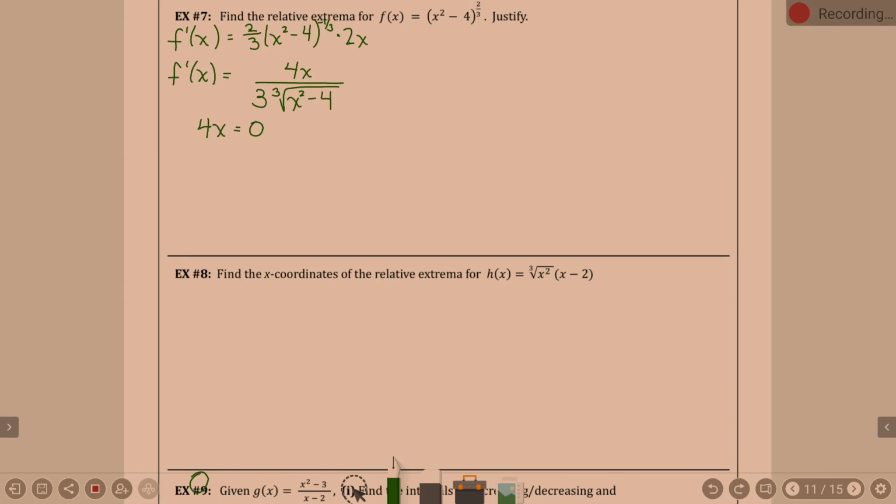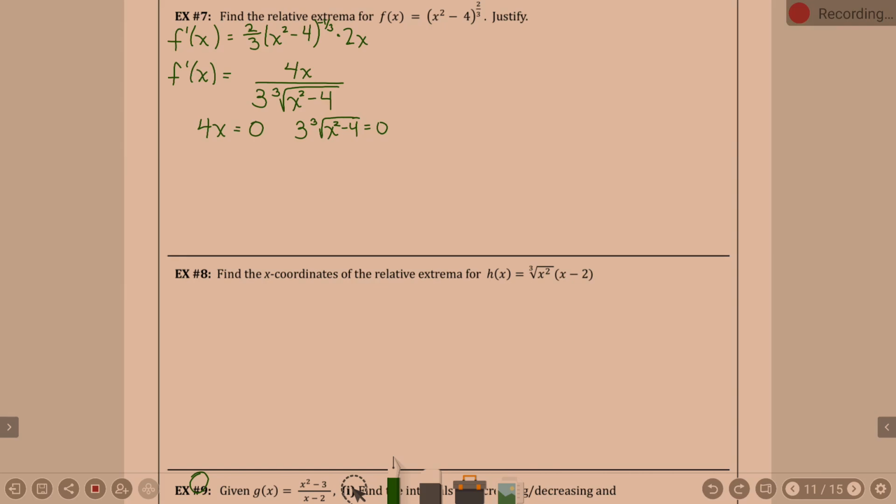Now, there's only one important part of this denominator that really matters. I mean, I can set this whole denominator equal to 0, but think with me.